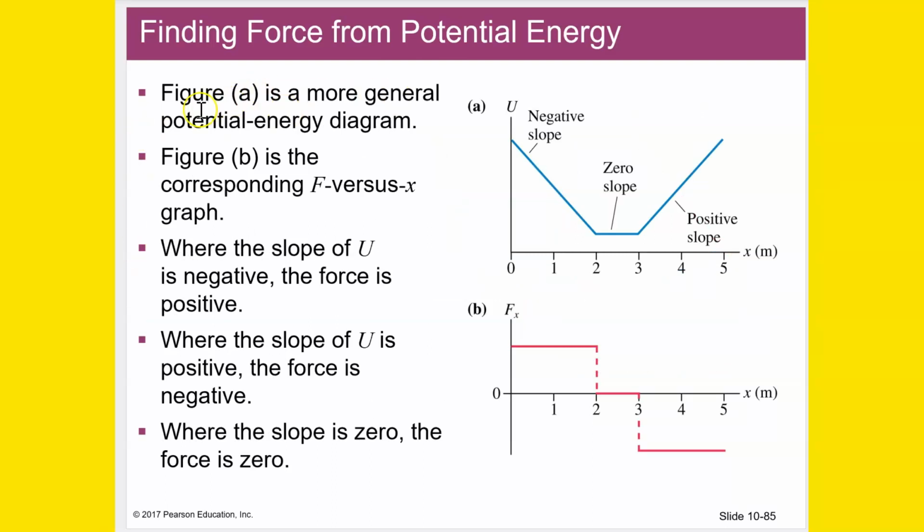Figure A is a more general potential energy diagram. Figure B is the corresponding F versus x graph, the force versus the position for a spring, I suppose. Where the slope of U is negative, the force is positive. All right, where the potential energy has a negative slope, so it's decreasing, the force on that object is positive.